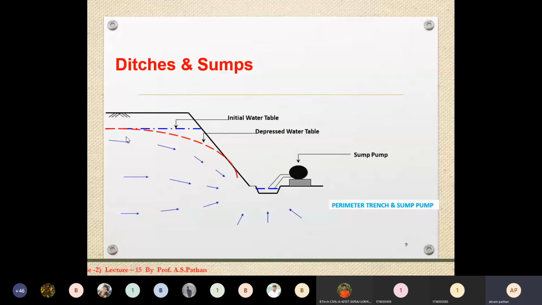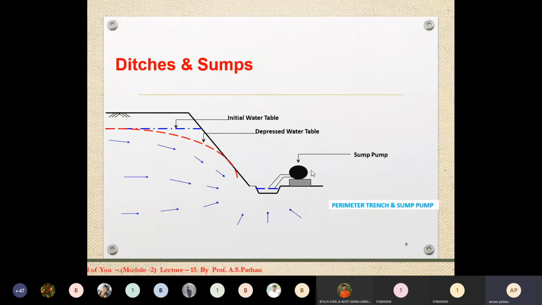Then we set up our actual centrifugal pump, which is kept on a platform. Now we lower the suction pipe into the maximum discharge point where the maximum amount of water will be collected. This is known as the well point or maximum discharge point.